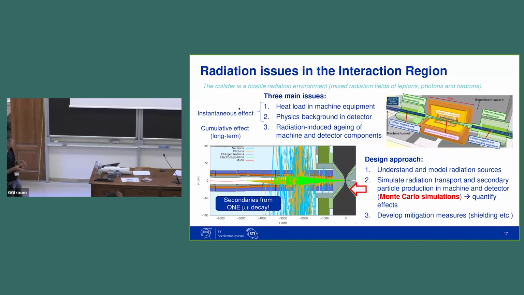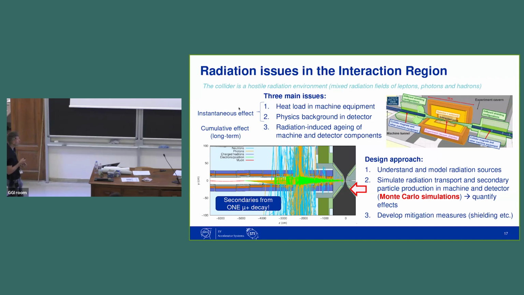So we need some shielding on the inside of the magnet, which is not at cryo temperatures, which extracts the heat. The second important point is, of course, and this is the main focus in the rest of the lecture, the beam-induced background, which is also an instantaneous effect because it can perturb the physics reach. And the third point is more about cumulative effects, about radiation-induced aging of machine and detector components.